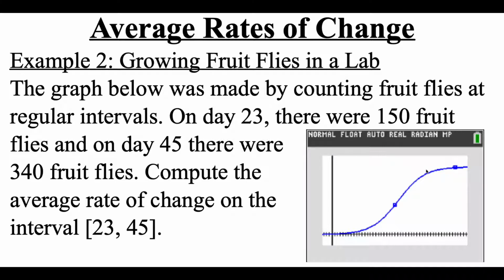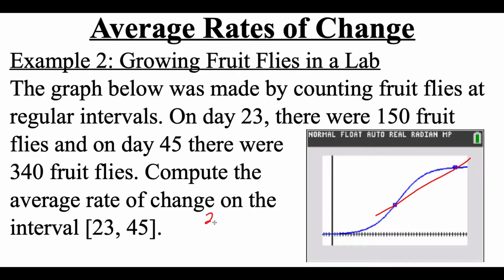And what we want to do is figure out the average rate of change on the interval between the 23rd day and the 45th day. So we're going to take those 2 pieces of data that we were given, and we're going to turn them into ordered pairs or points along this line. And then because we're calculating the average rate of change, essentially what we're doing is finding the slope of that secant line between those 2 points.